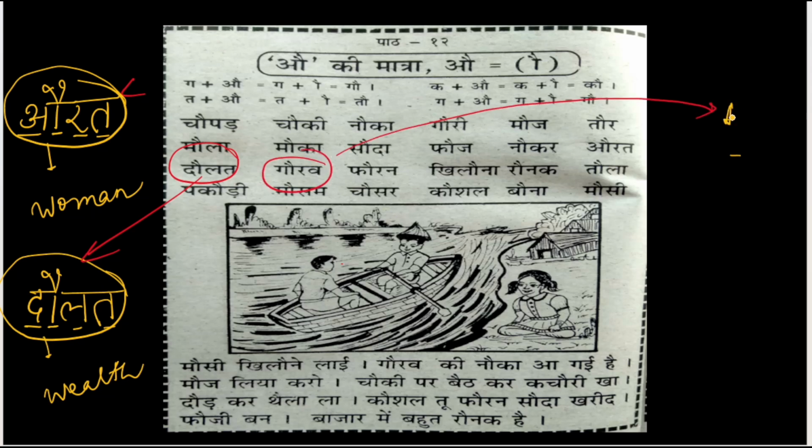This is ga. This is the matra of au, this is ra, and this is va. Now it became gaurav, which means glory.